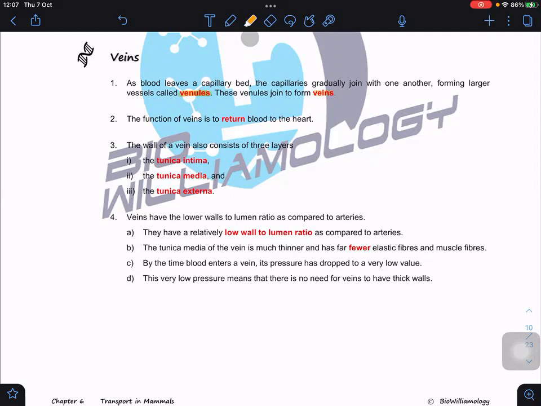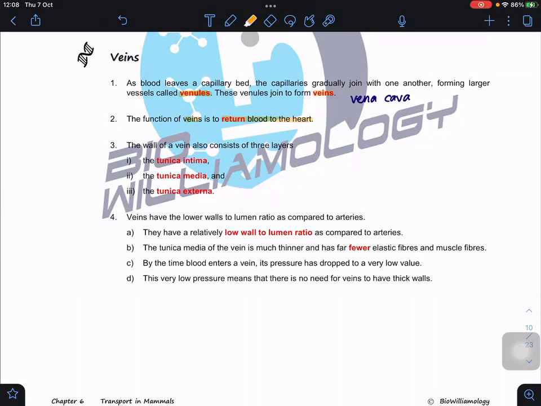The largest vein that we have is termed the vena cava. The vena cava brings the blood into the heart. When I use the word vein, veins basically return blood to the heart. Generally, all the veins except the pulmonary veins carry deoxygenated blood.